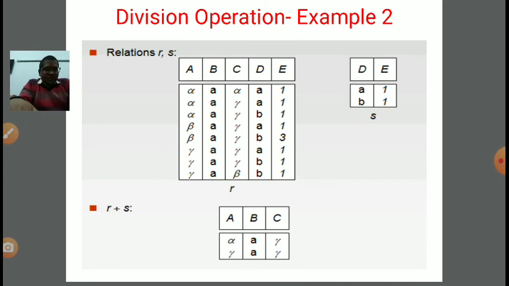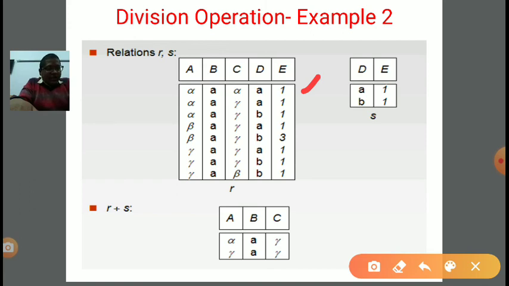So if you see the DE value, I am picking the marker A1, and at the same time the corresponding value of ABC is alpha A alpha. Okay, I'm not picking this. Why? Because at the same time we need to check B1 also. So the A1 and B1 value is alpha A gamma, and here it is alpha A alpha, not the same, so we will not pick this.